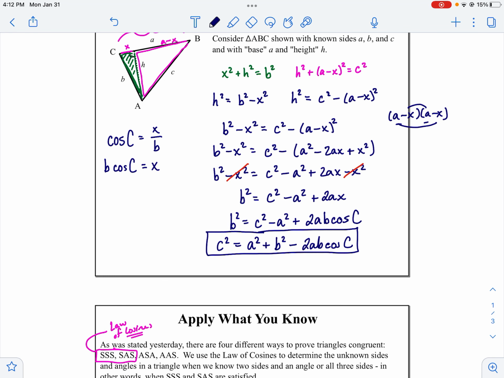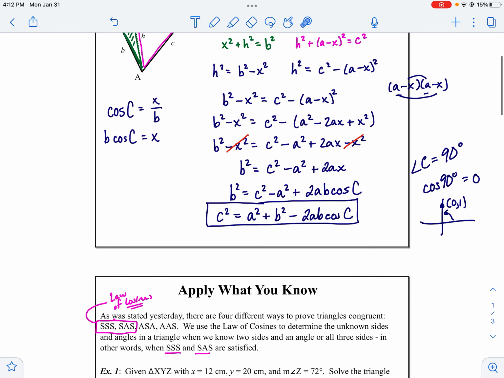What if angle C is 90 degrees, then the cosine of 90 would be up here. So the cosine of 90 is 0. And so notice then that this whole mess right here would just be 0, and I would be left with the Pythagorean theorem, c squared equals a squared plus b squared.